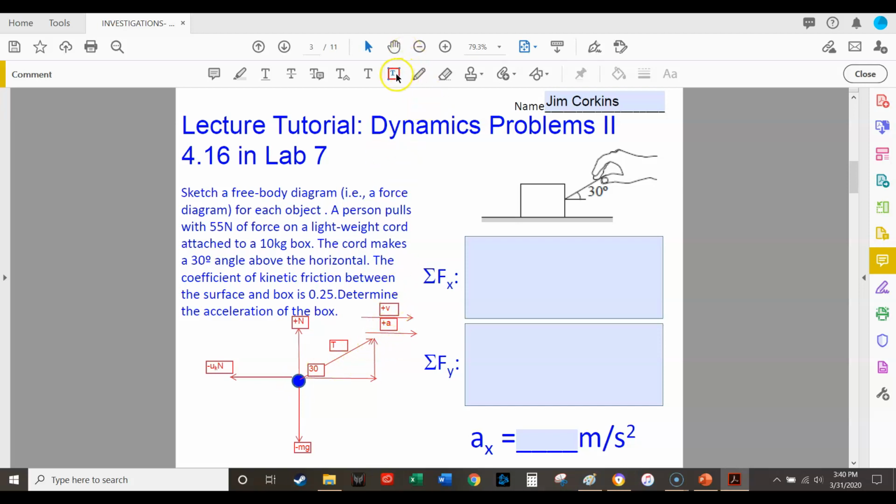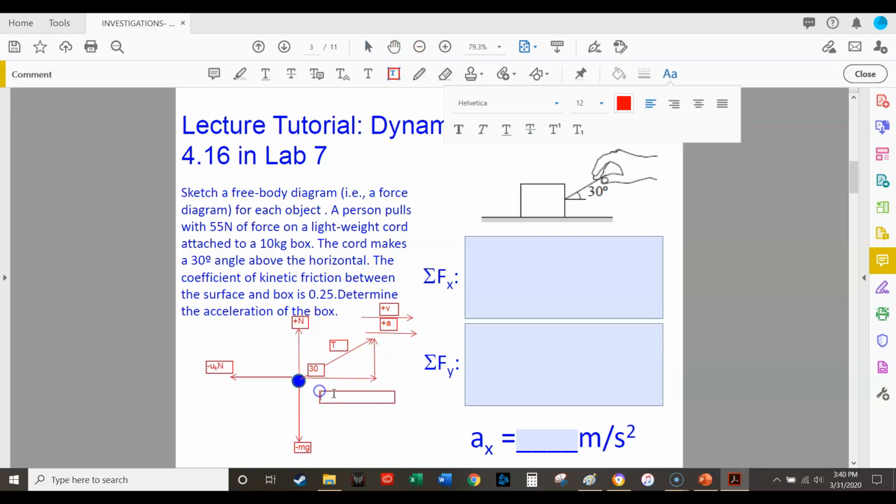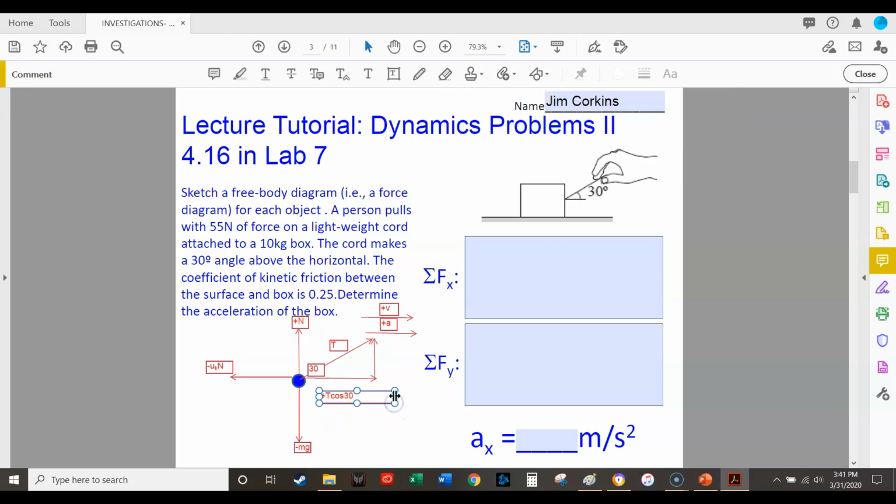All right. Now I'm going to label those. A lot of people don't like to label the trigonometry in there, but I like to have all the information available in my free body diagrams. So I'm going to do the horizontal arrow first. This side is adjacent to the angle of 30 degrees, and the T vector that's up and to the right is the hypotenuse. So that'll be the hypotenuse times cosine of 30 degrees. It's cosine because it's adjacent, and it's going in the positive x direction. So that's why it's positive T cosine 30 degrees.